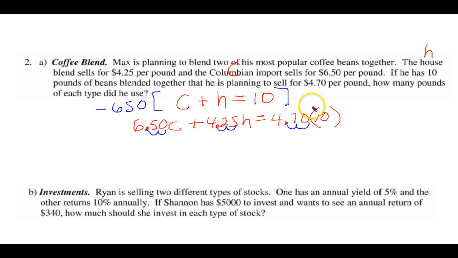Remember, it's each term. And going through these steps carefully, you would solve then for the h's. Once you find the h, you subtract it from 10. That will give you the c's. Here we're just showing you how to set up the equations and then using your skill to solve.